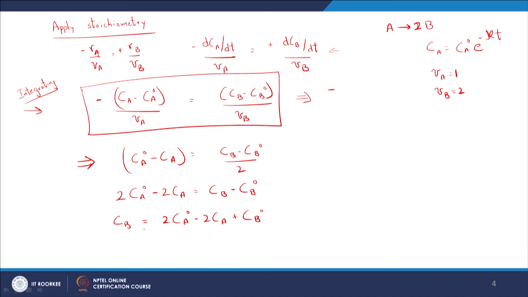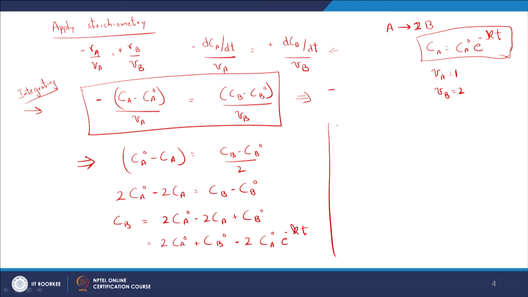That would then mean 2 times Ca naught plus Cb naught, minus 2 times Ca. We know that Ca is equal to Ca naught into e power minus kt, so plugging that in here, Ca naught into e power minus kt, this is what we have.